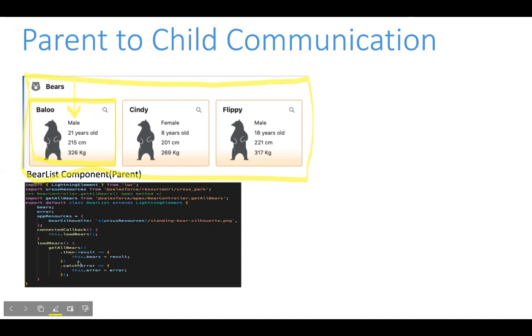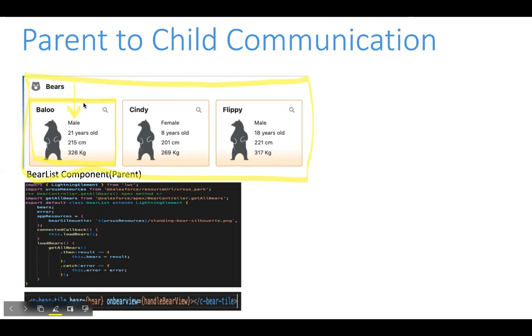And I am just storing all the beer details inside the bears. And through these bears, I am iterating through each individual beer and each individual beer is sending to the child component. When we want to send data from parent to child component, we have to use public property.